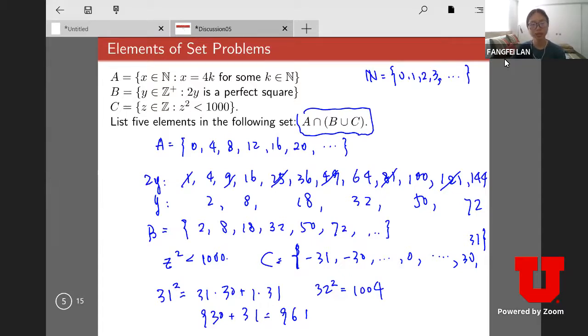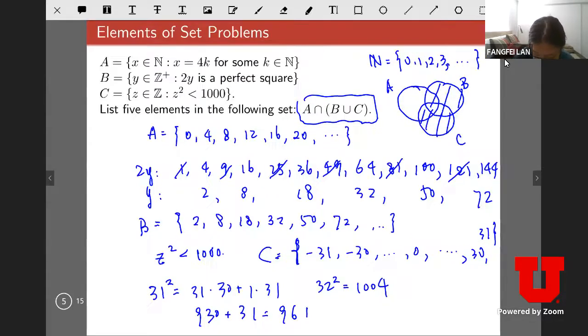Whatever element is in the set has to be in A, but it can be in either B or C. If you draw a Venn diagram with A, B, and C, B union C is this part, and A intersected with this part would just be this little chunk.